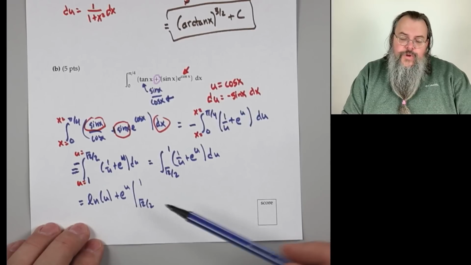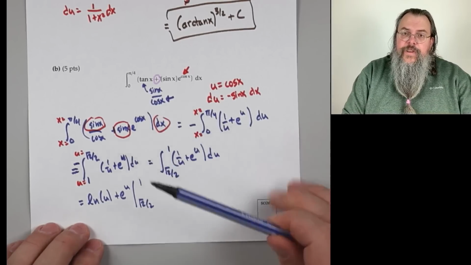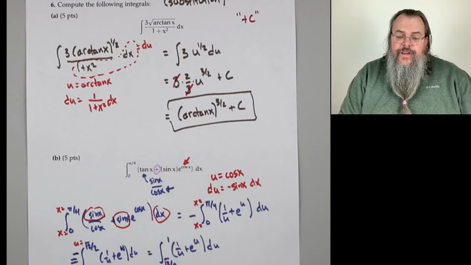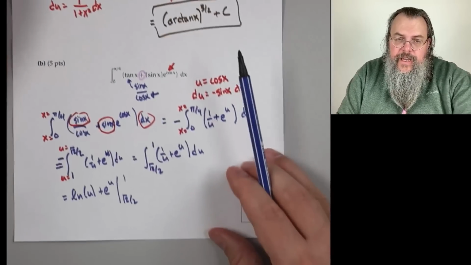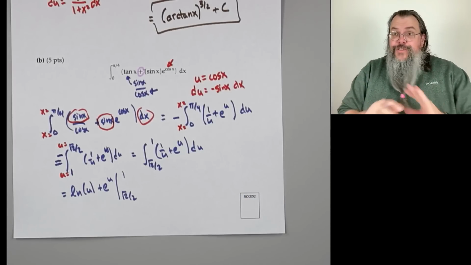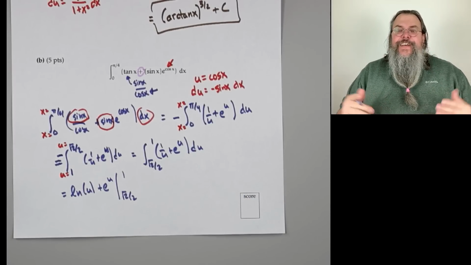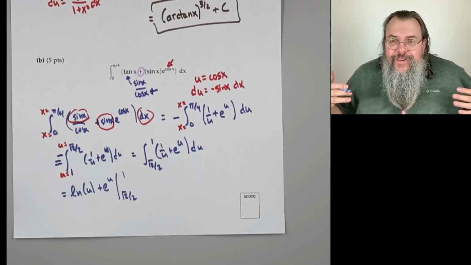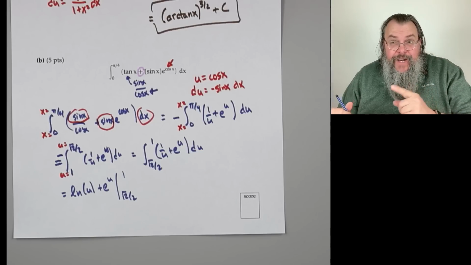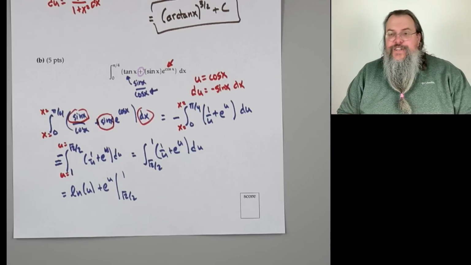You might say, don't I need to go back? Because when we were here, we said we got to go back to x. Do you have to go back to x here? If you've updated your bounds, no, you don't. It's the nice thing about definite integrals. It's a one-way street. You just keep going forward. If you didn't update the bounds, yes, then you got to jump back.